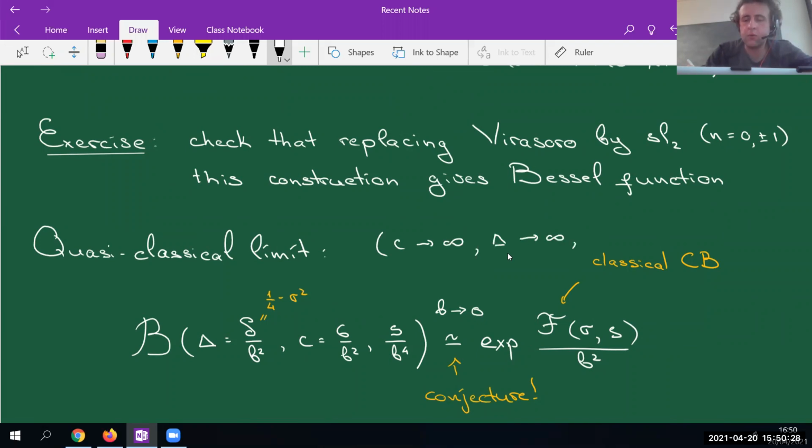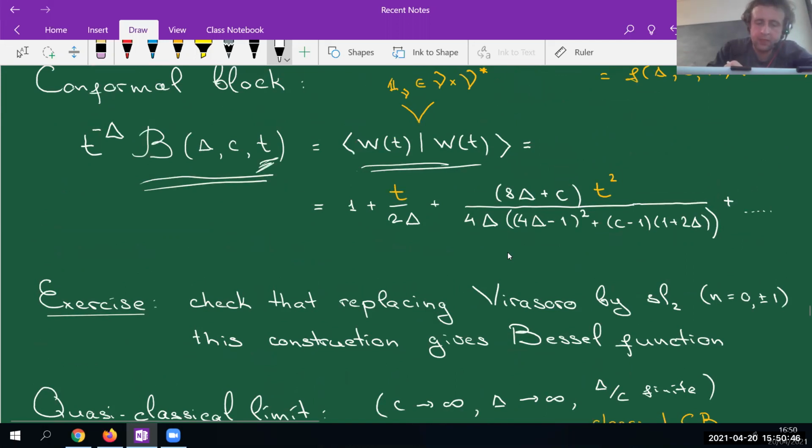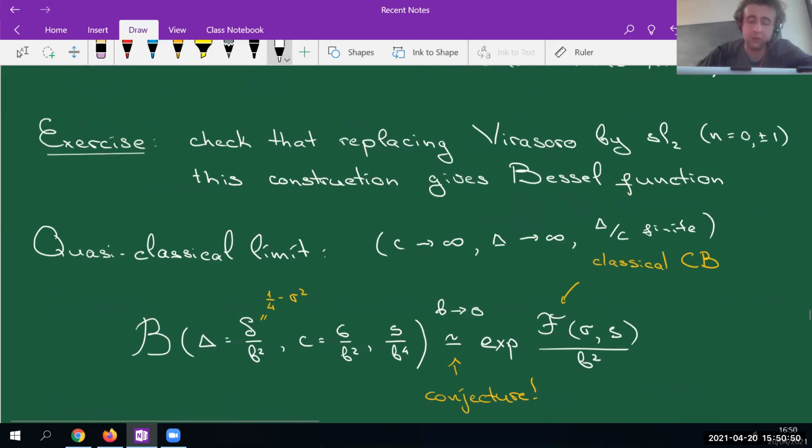We require that when both go to infinity, the ratio of delta and c remains finite. And the argument of this conformal block, the variable T, also goes to, but not to infinity, to 0, in a way which is correlated with delta and c.